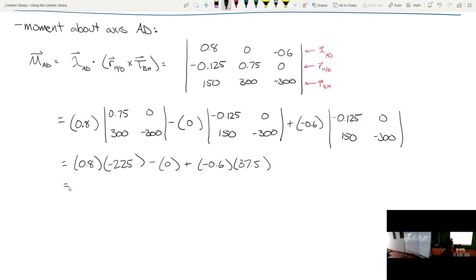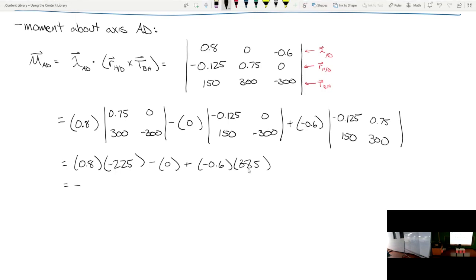Come on. So that times that plus that times that. I think I can eyeball this and tell you it'll be negative. What's that? Did I make a mistake? Yeah, it should be 0.75 instead of 0 and positive 300 instead of... You're right, hold on, let's see. That's right. Whoops. This one needs to be... That's correct, right?